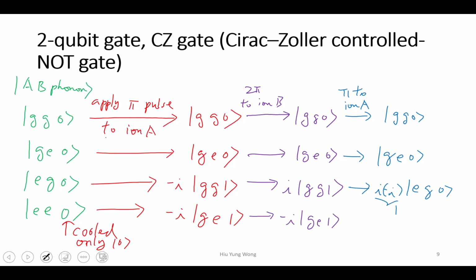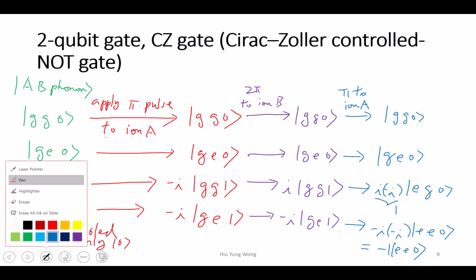Okay? And then the last one, you have G and 1 go through the same process, right? But you have negative I times negative I, E0, which equals negative EE0. Okay? Now let me highlight the qubit.